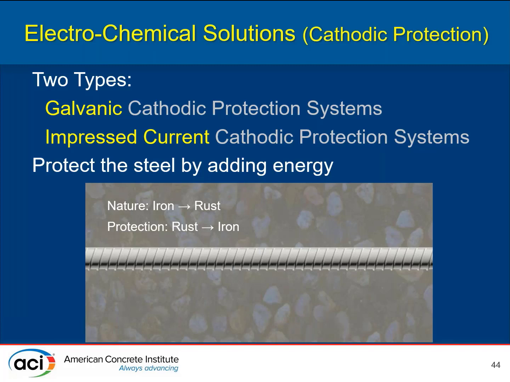I'm saying here rust to iron, it's not really enough to do that, but this is from a concept. The reality is, we want to keep the iron or the steel as iron, and that's what the energy is doing. You're adding this energy to overcome nature's desire to get it down to rust.